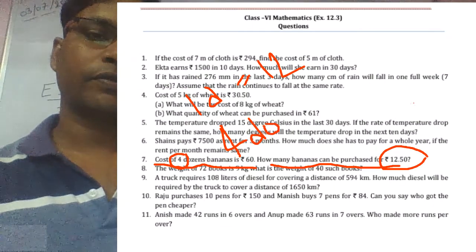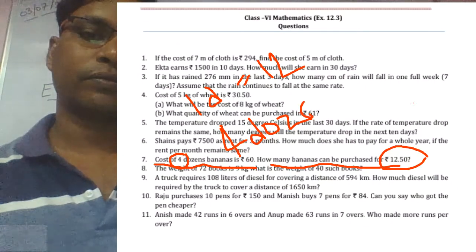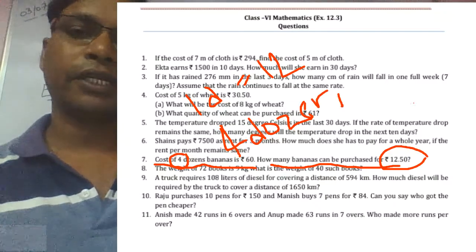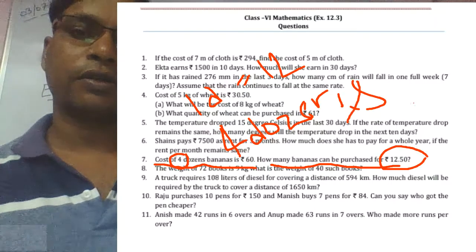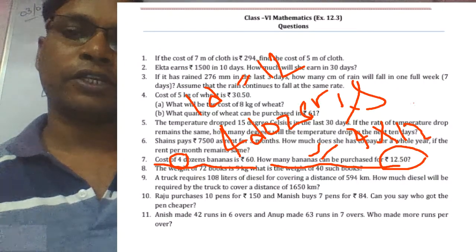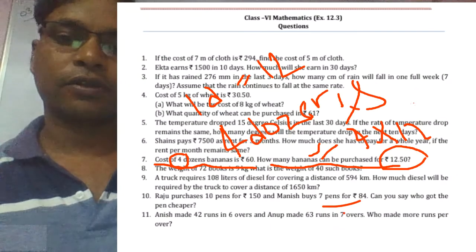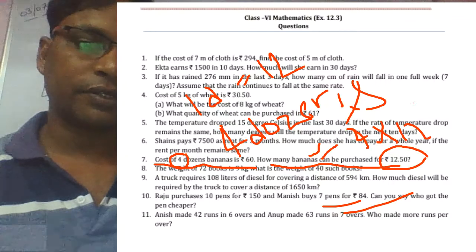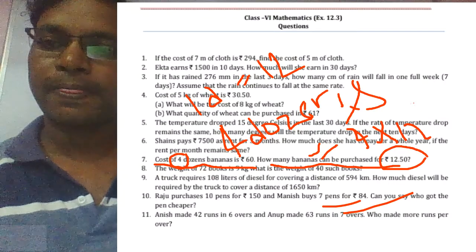So 4 dozen bananas is equal to how many bananas? 4 into 12. This becomes 48. So let's see how to solve it.